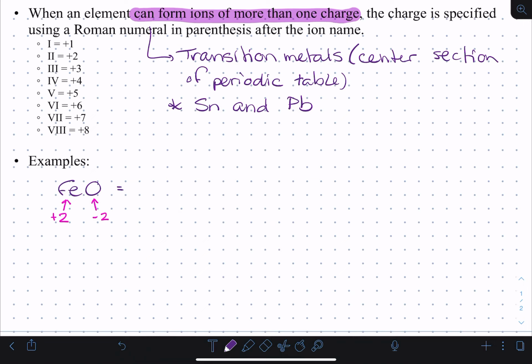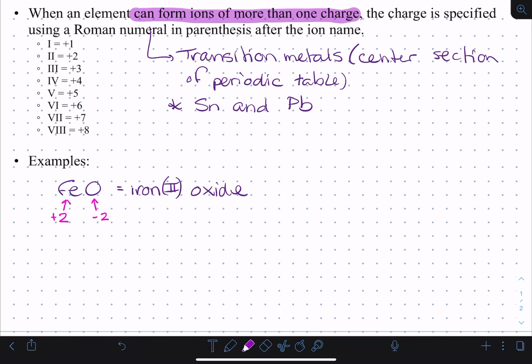So when we write the name for this, it's going to be effectively the same, but we're sticking something else in the middle. So we still have iron oxide, but there are 2 different iron oxides, and we need to specify which one we're talking about. So we do that by putting a Roman numeral after the cation name with the charge.